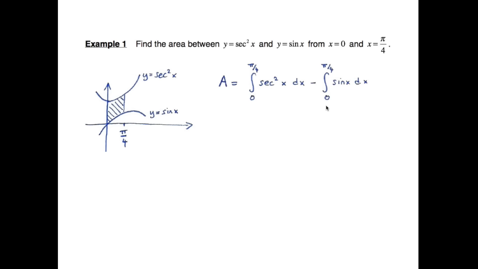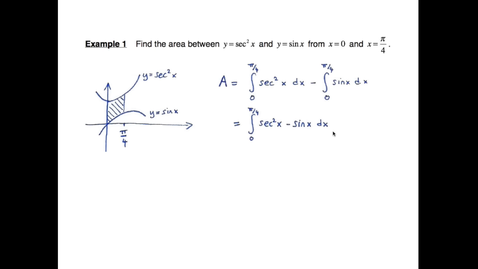Using properties of integrals, you can, and you probably will, start writing this not as two separate integrals that we subtract from each other, but simply as one integral from 0 to pi over 4 of secant squared x minus sine x. So very often this is the only line that we're going to see in your work, but it's very important to remember that it comes from something like that. It's an area minus another area.